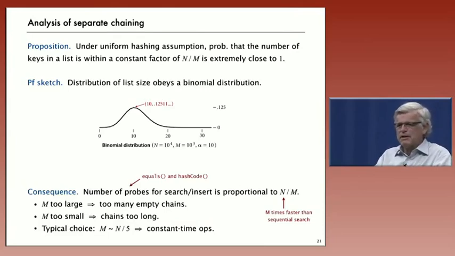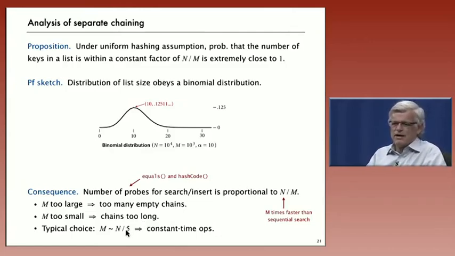Now, typically what a programmer would do is try to make m about equal to the number of keys divided by 5, say. If you make m too large, you have too much space, and you'll have empty chains or short chains. And if you make m too small, then they're too long, you have to search through them all. So let's say n over 5, and then you get constant time searches and not much extra space.